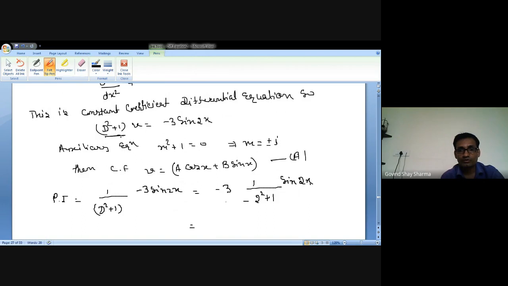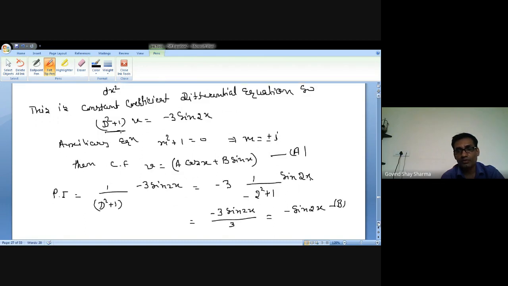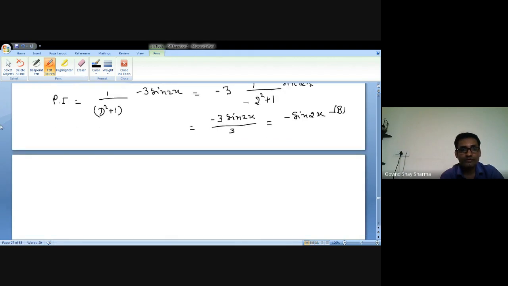So this is minus 3 sin 2x upon minus 4 plus 1, which is minus 3. This converts to minus sin 2x. This is the PI.